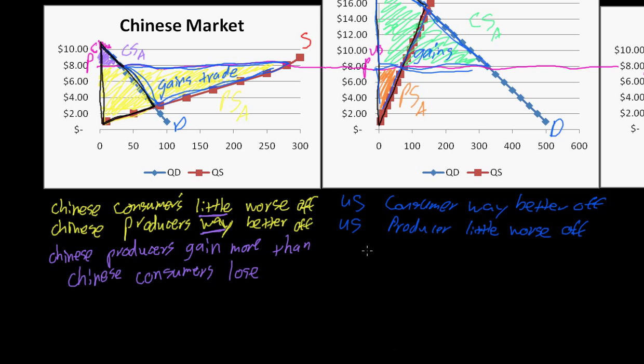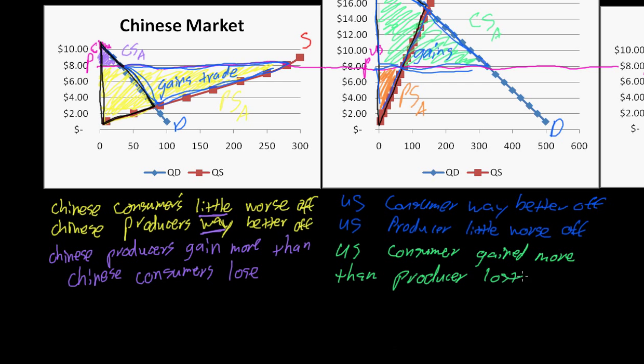So the US consumer gained more than the producer lost in surplus. So the net effect for both nations is that total surplus, and I'm just going to write TS, total surplus increased. We are all better off for trading.